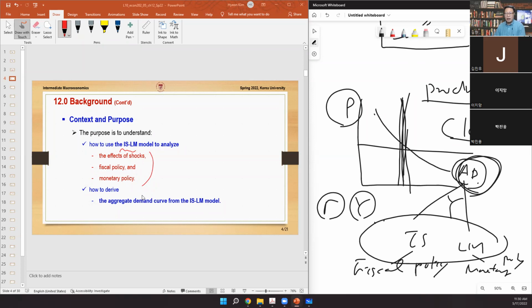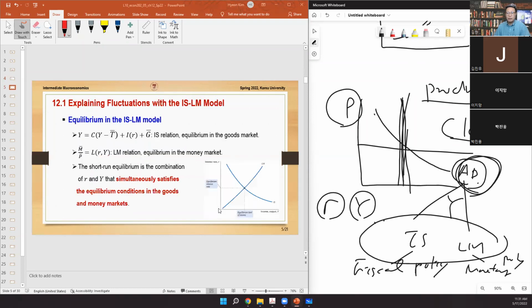After that, if we have more time, I will explain some ideas behind the Great Depression or other economic events. In any case, I'll post the file after class, so don't worry about it. You have to understand how to derive aggregate demand from the IS-LM model.